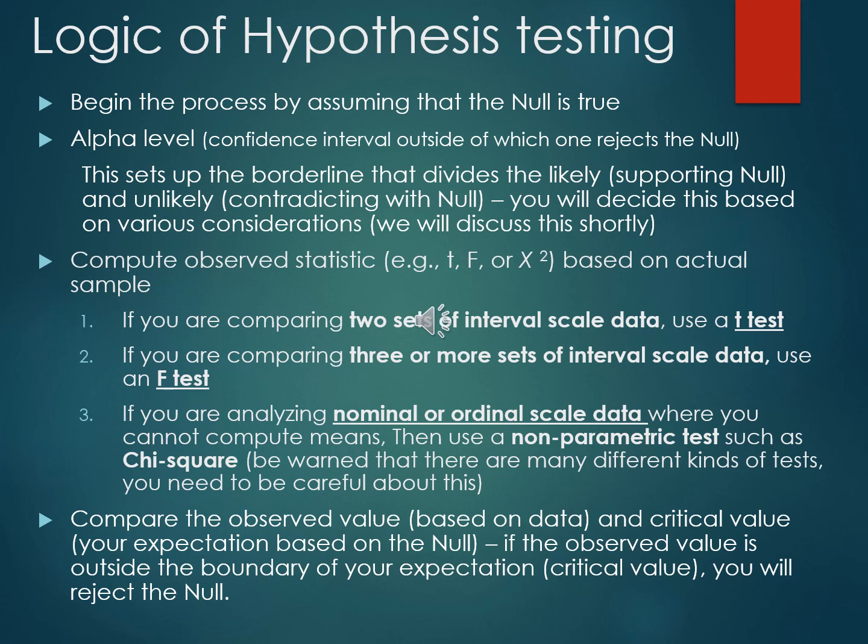And then you're going to compute the observed statistic. The observed statistic in the t-test is the difference between two sample means divided by the standard error of the mean. If you're computing three or more sets of interval scale data, use the f-test, f-value, and so on. And then you're going to compare the observed value and the critical value, which is based on the alpha.